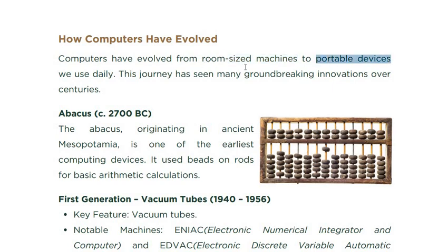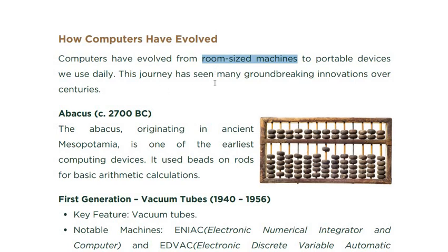When we say room size, ibig sabihin, dati ang mga computer pwede maging kasing laki ng classroom. So in that way nag-start, then later we have portable devices, one example of which is our mobile phones.